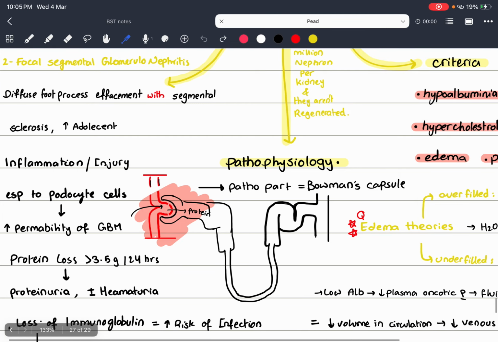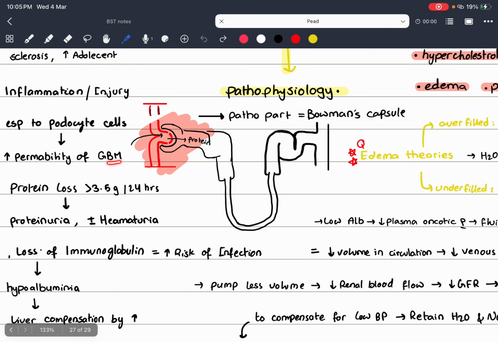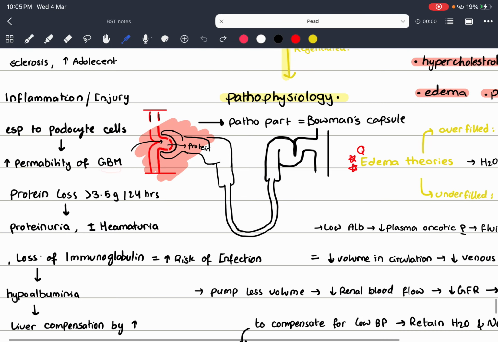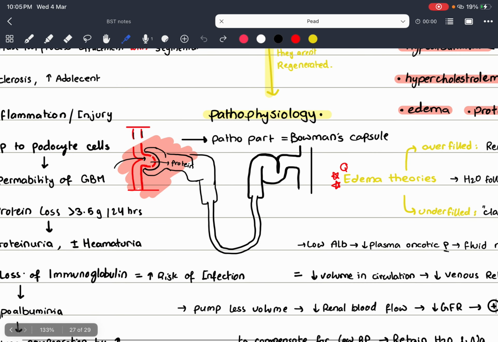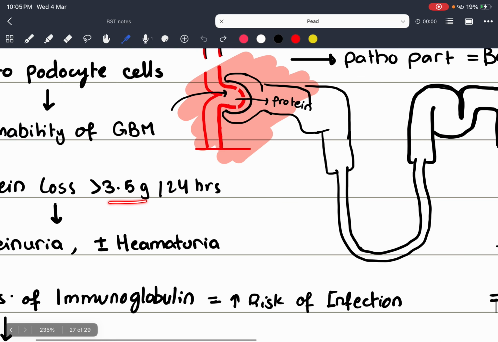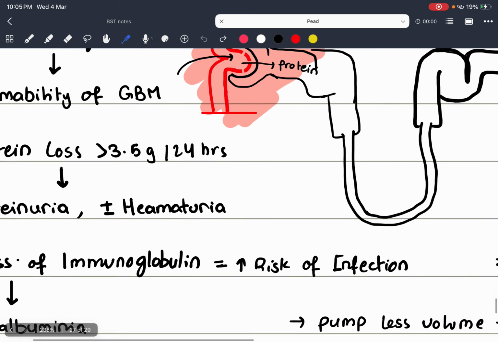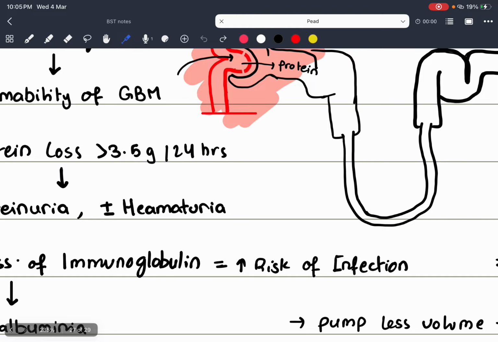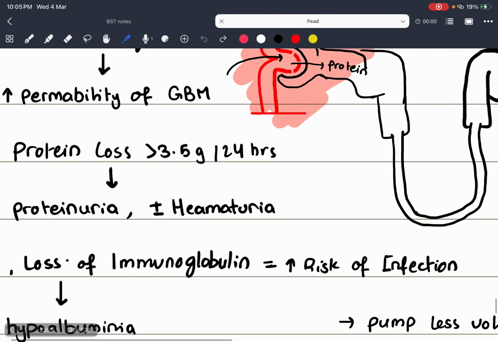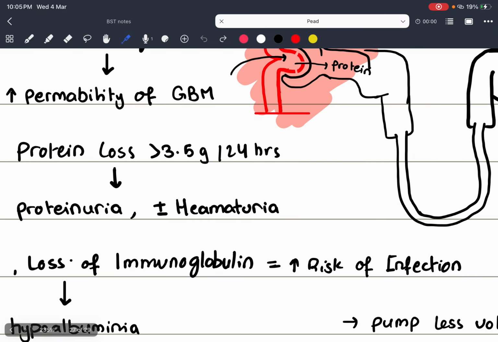So increased permeability of the glomerular basement membrane will cause the protein loss. I told you 3.5 grams, but it's in 24 hours, not 3.5 grams over the week. You actually lose more than that normally. This will cause what we call proteinuria.